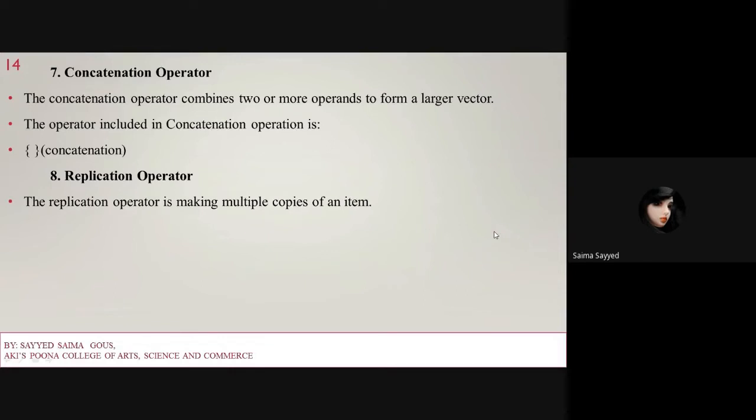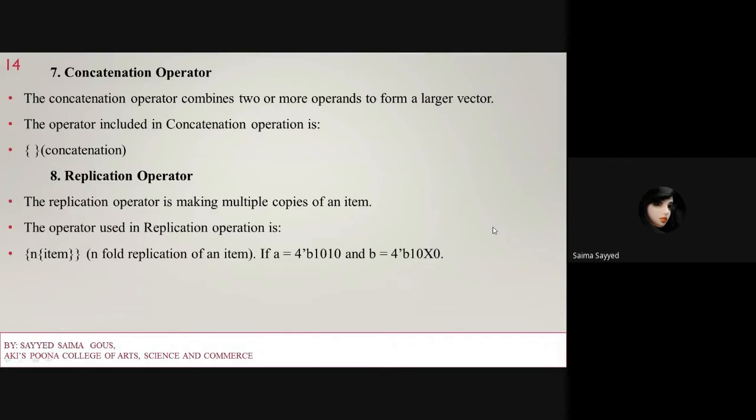Replication operators make multiple copies of an atom. When we want to make multiple copies of any variable or any value, we have to use this replication operator. This is the symbol, and n means how many times you have to repeat that particular atom.